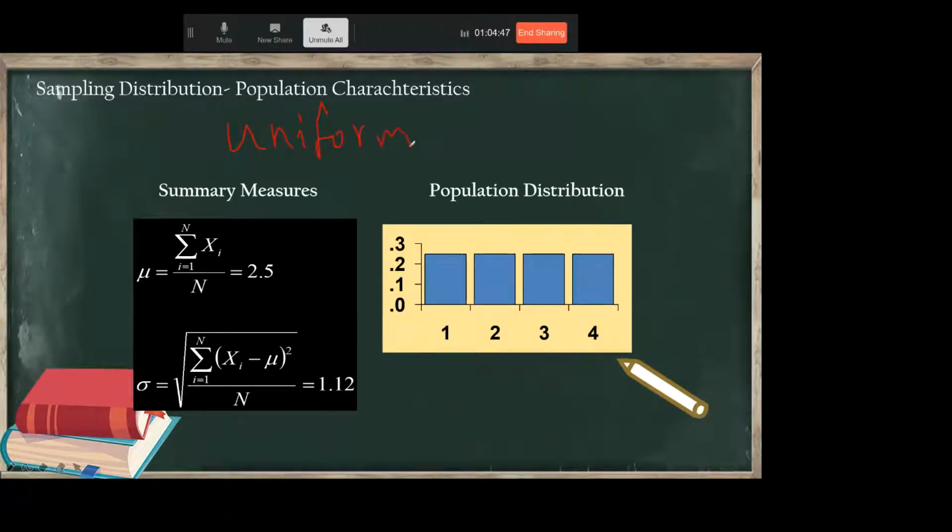What is a uniform distribution? That's the uniform distribution, right? How do we explain this?